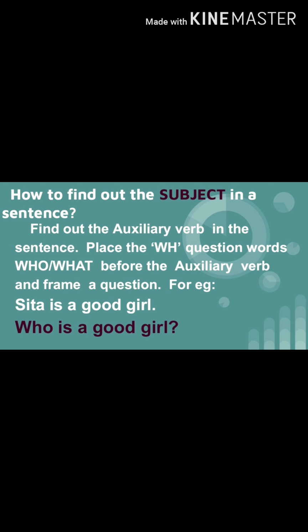Now placing the WH question word who before the auxiliary verb is, we frame a question like this. Who is a good girl? The answer we get is Sita. Therefore, Sita is the subject and is a good girl is the predicate.